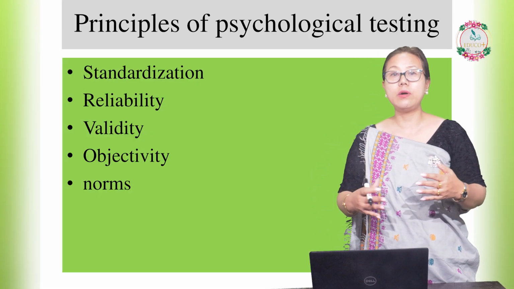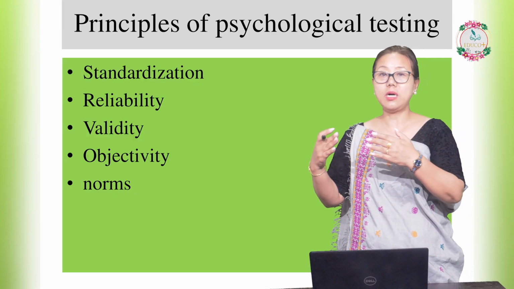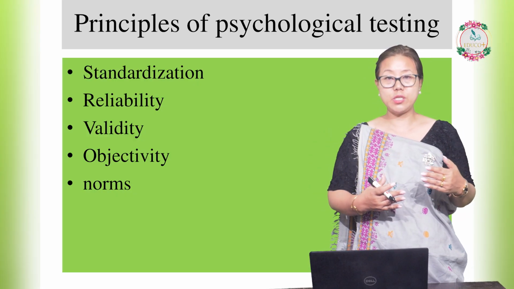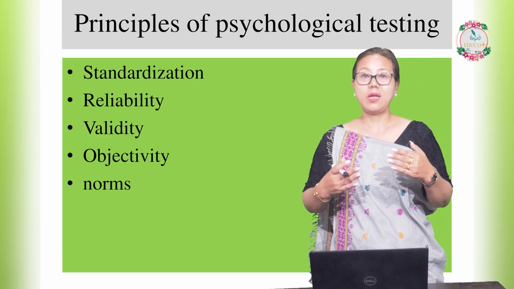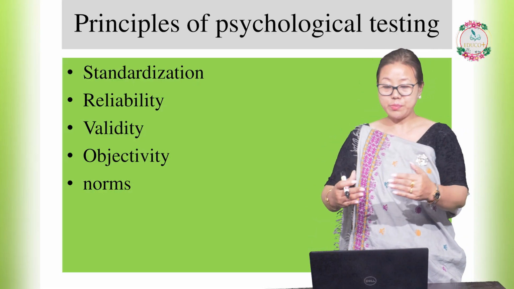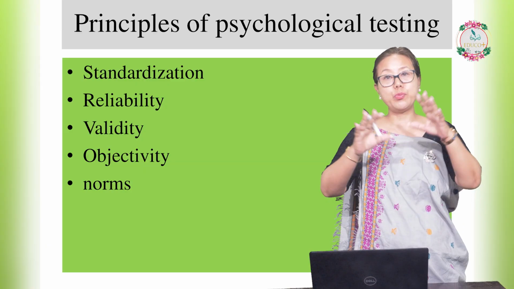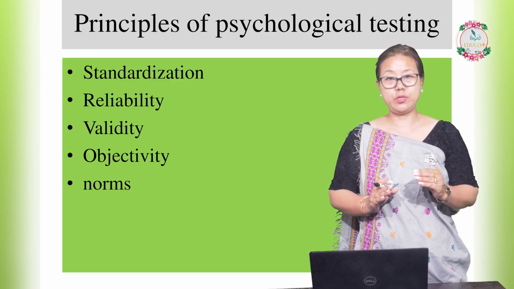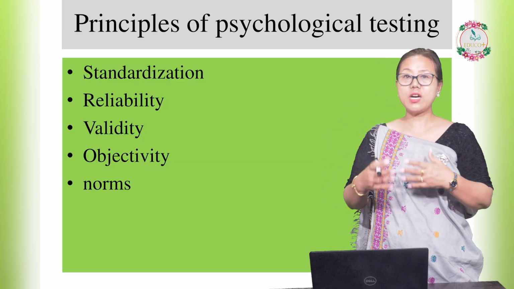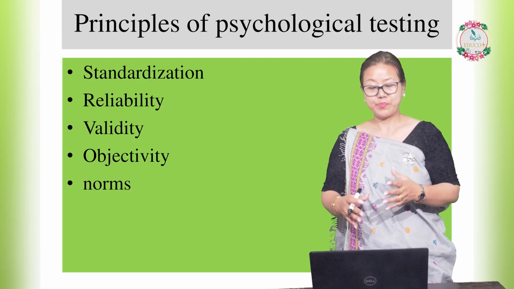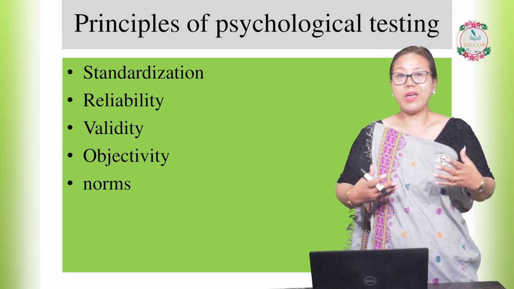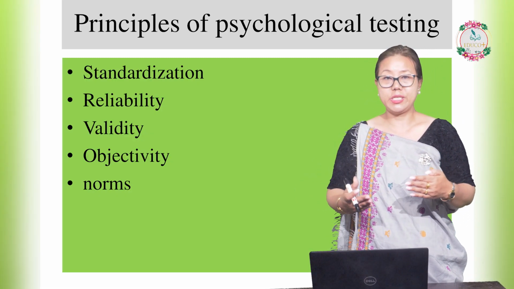Objectivity takes care of scoring that is unaffected by evaluator bias, and norms determine reference scores based on a large population for interpretation.